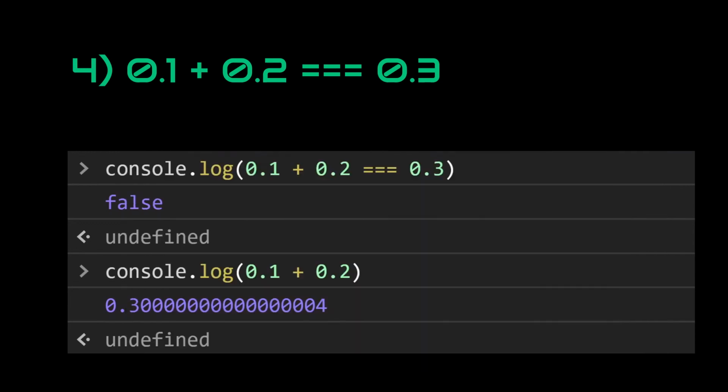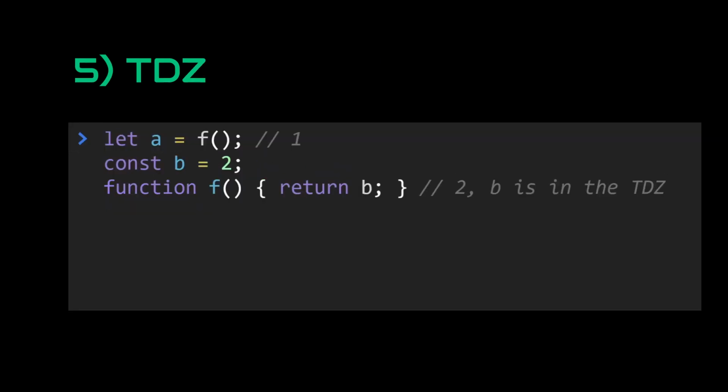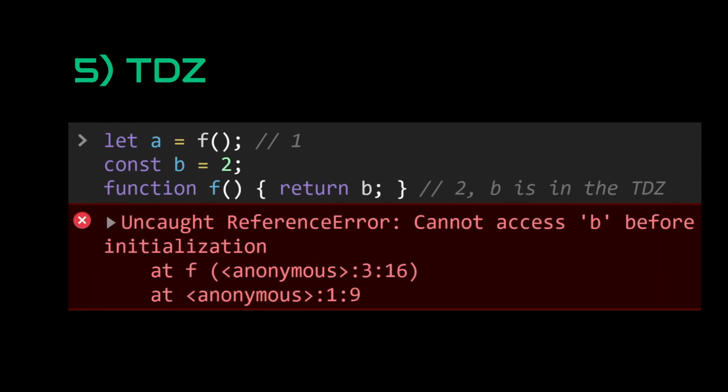And finally, we have a really nice example from Eric Arvidsson, and that is this one. So let me ask one more time, what would be the outcome when I execute this code? As you can see, we got a reference error. This error occurred because of the TDZ, which stands for temporal dead zone. It is essentially a scope where the variable exists but is unreachable, which is the exact case in this code.